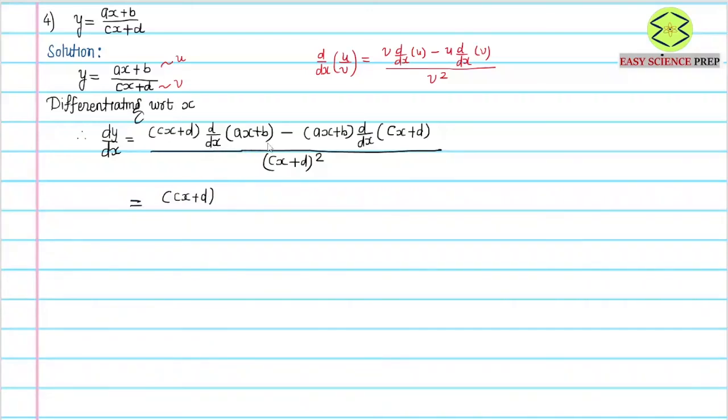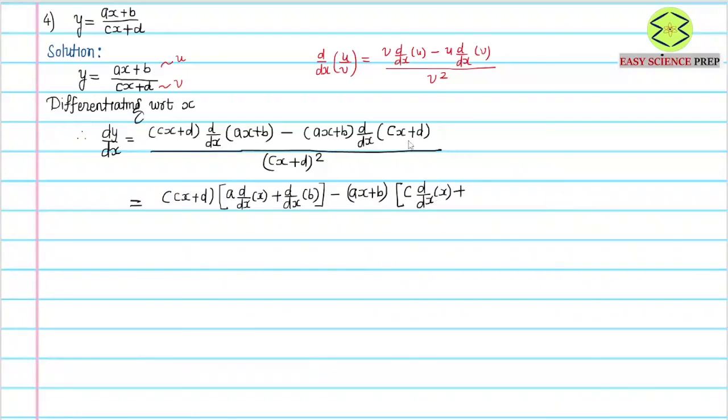Now we will distribute the derivatives inside. So a is constant, so we will have derivative of x, plus b is a constant, nothing else is remaining, so I have to apply the derivative to the constant b. There is no variable term here. Minus ax plus b, derivative of cx plus d. Again, c is a constant, I'll apply the derivative to x.